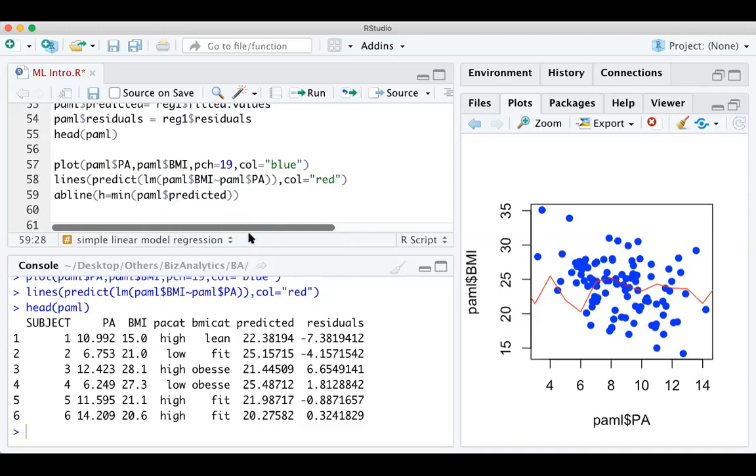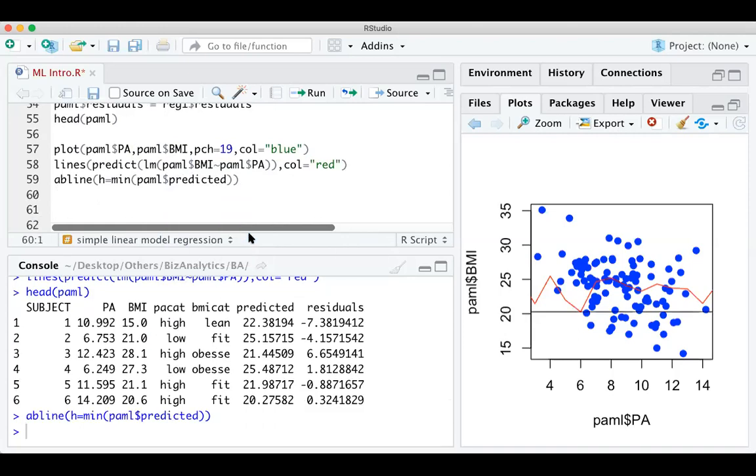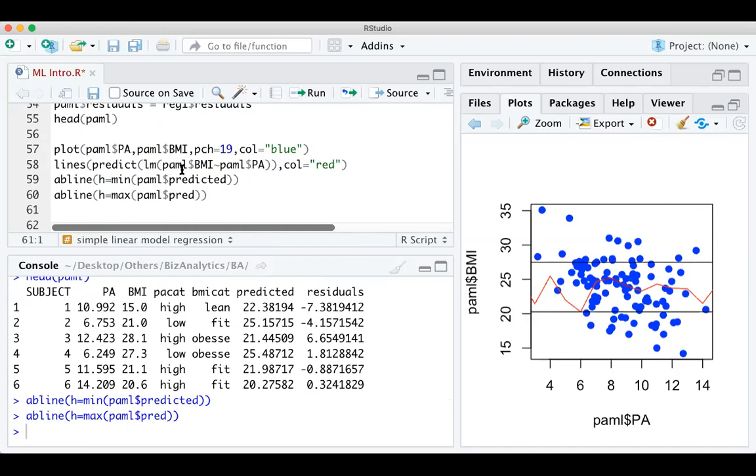So this will fetch you the predicted score. You can see there's the minimum score of prediction. What is the maximum score of prediction? abline of h equal to max of PAML dollar predicted. So this will give you the max score. So this is how it looks like, right? Can you see this? So your prediction range will go in this direction only.